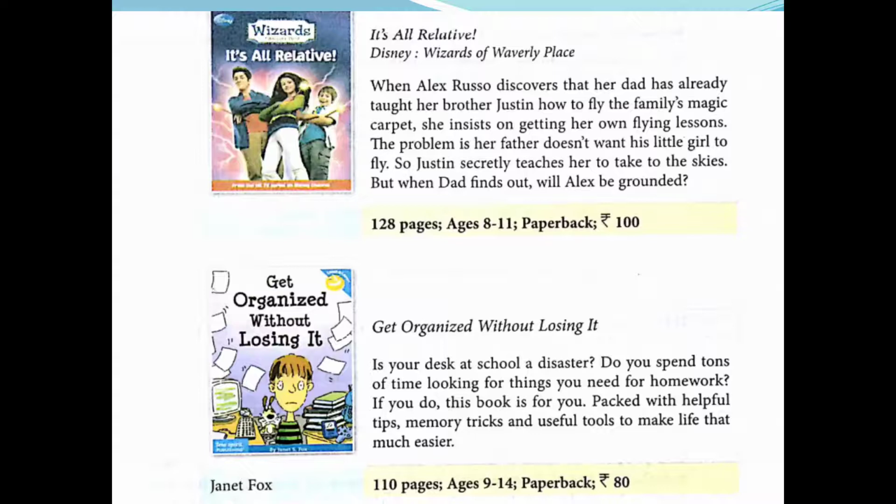When Alex Russo discovers that her dad has already taught her brother Justin how to fly the family's magic carpet, she insists on getting her own flying lessons. And the problem is, her father doesn't want his little girl to fly. So Justin secretly teaches her to take to the skies. But when dad finds out, will Alex be grounded?